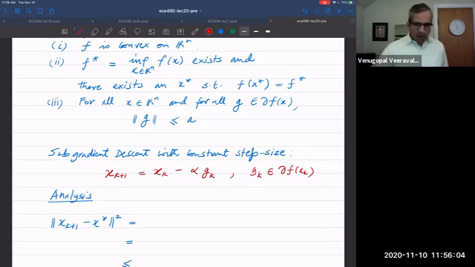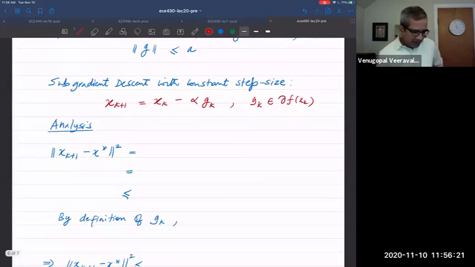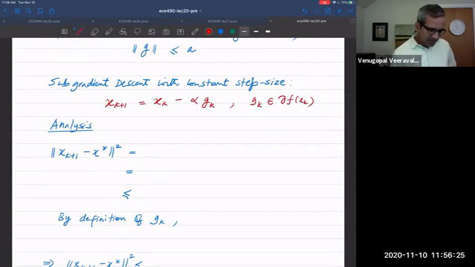So what happens if we use this procedure? Can we show that such a subgradient descent procedure converges? And what does it converge to? We're interested in convergence to x star. So let's look at expanding out xk plus 1 minus x star in terms of xk minus x star.